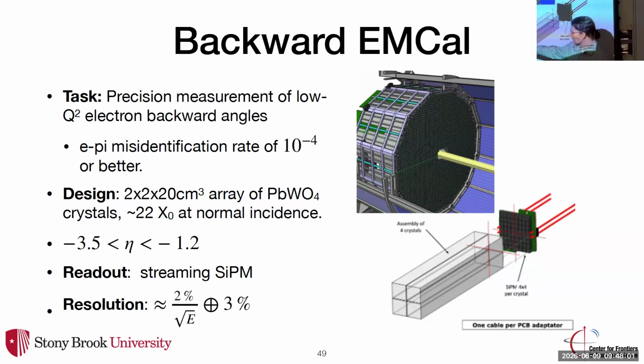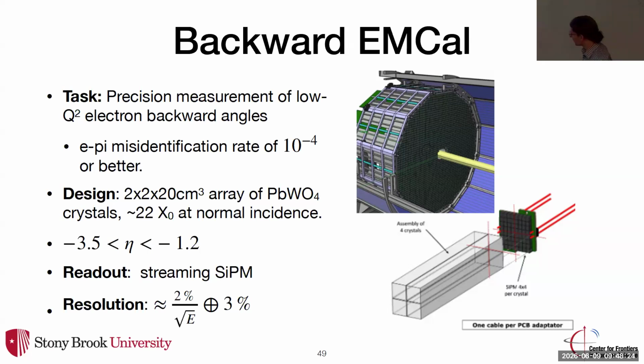It's got 22 radiation lengths, so it can contain the entire electron shower, and as is traditional, it is divided into blocks. And I didn't write this down, but this is probably going to be on the order of the Moliere radius so that it contains the showers.